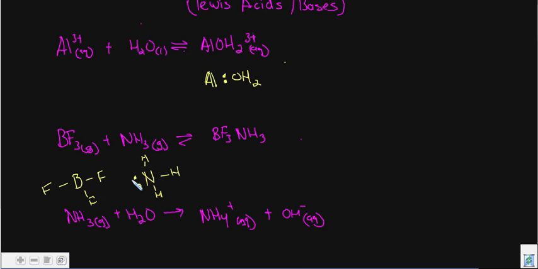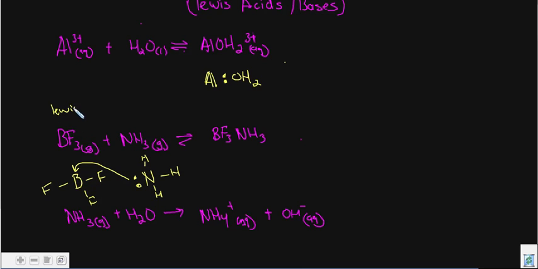So when these guys get together, here's what happens. This ends up connecting over here, and the boron finally gets the 2 electrons that it's missing. So which one is going to be the Lewis acid? Which one's going to be the Lewis base? Remember, the Lewis acid is the electron pair acceptor, which clearly this would do.